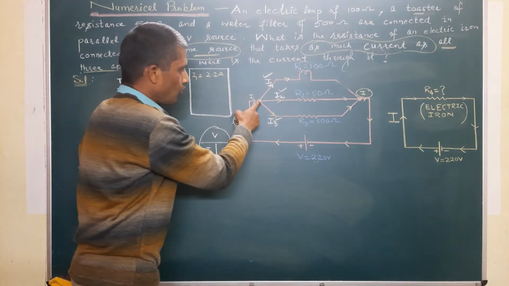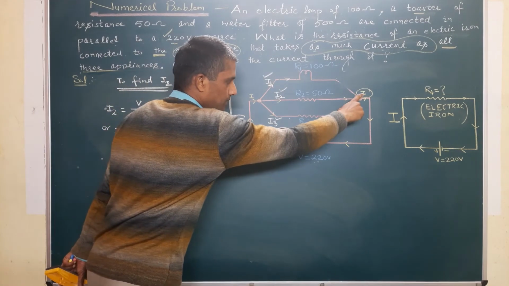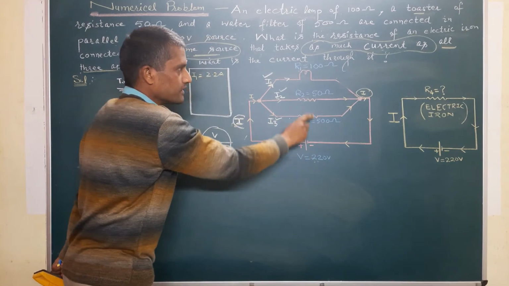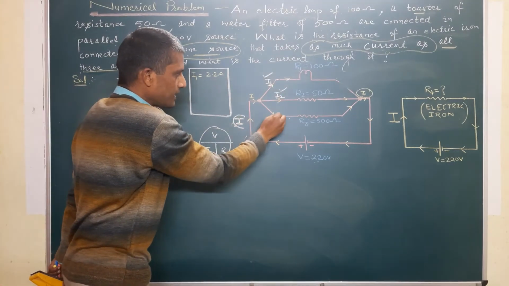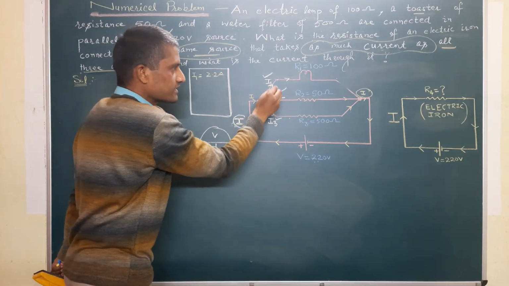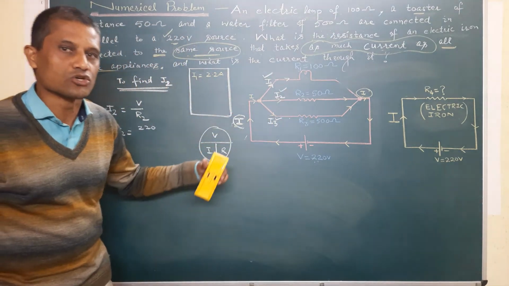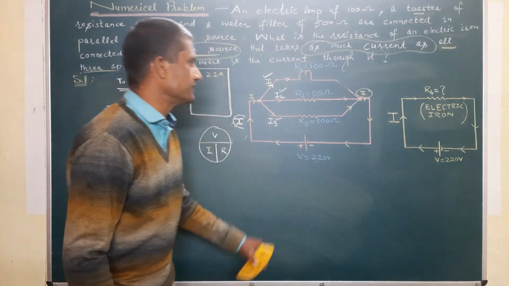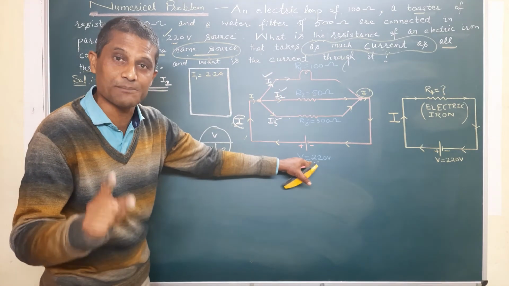One common point is connected to the positive terminal of the battery, and another common point is connected to the negative terminal. It means each end of these conductors is connected with the two terminals of the battery, and that's why they get the same voltage as the main supply line.